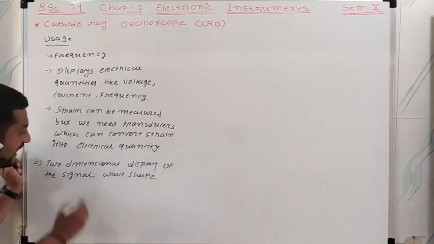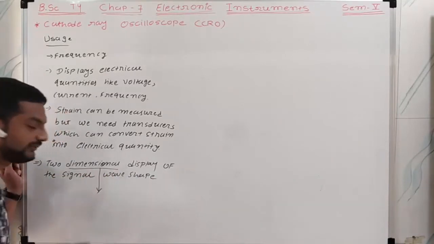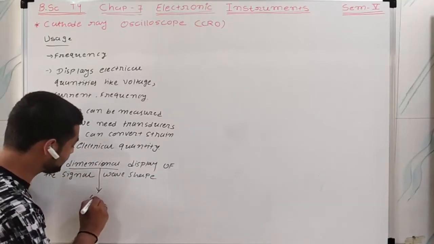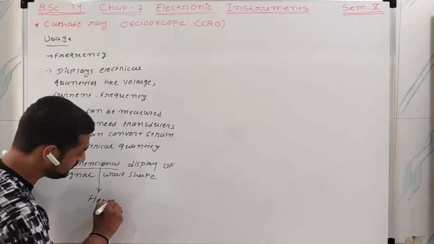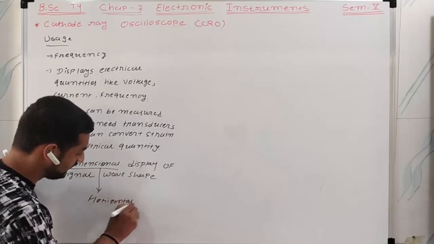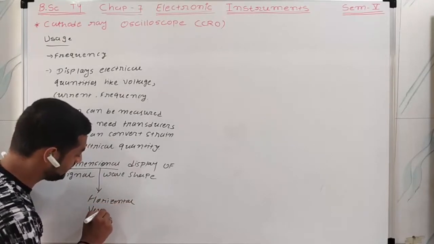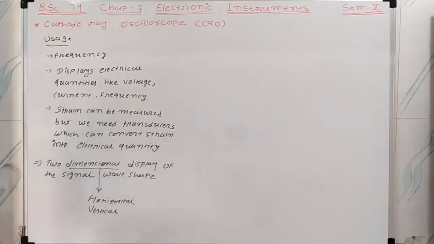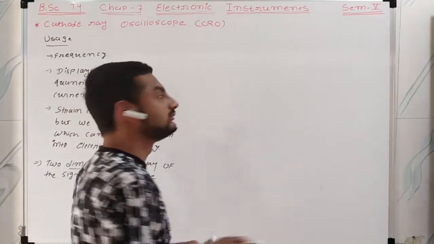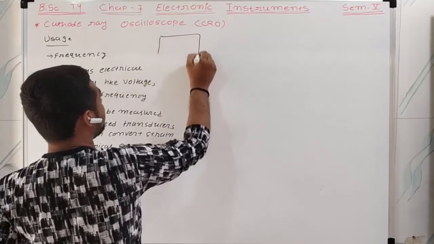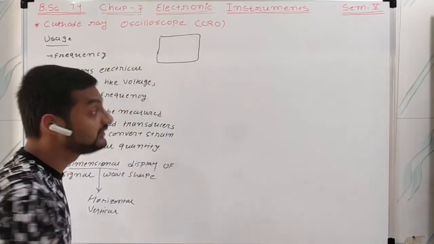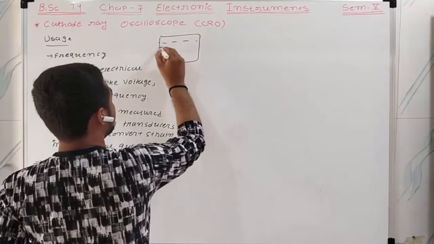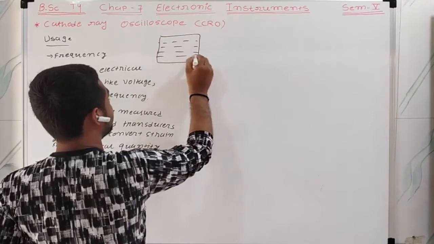What are these two dimensions? First one is the horizontal dimension, second one is the vertical dimension, right? So suppose this is the screen of the CRO, right? Here it looks like this.